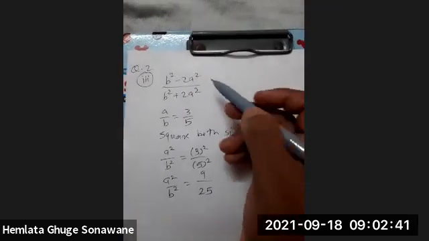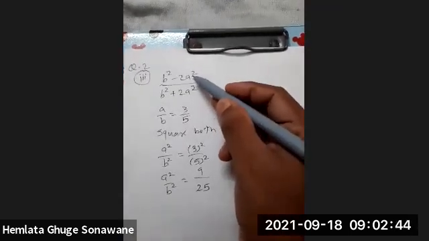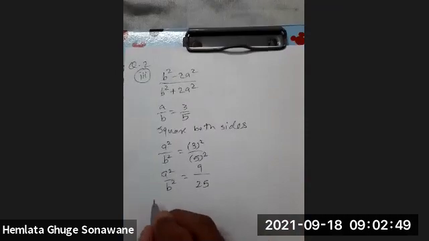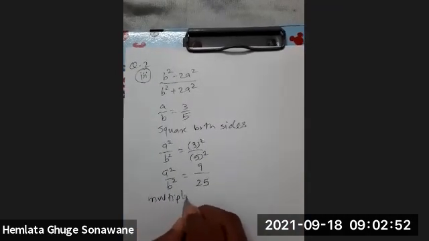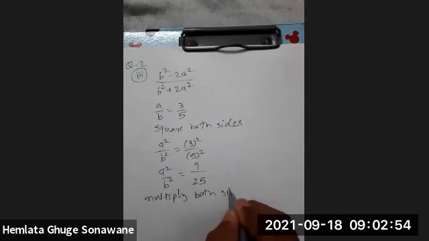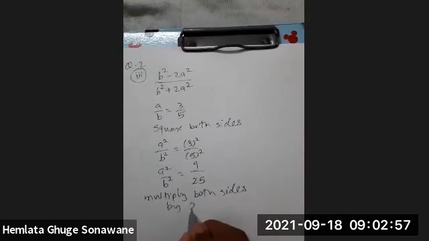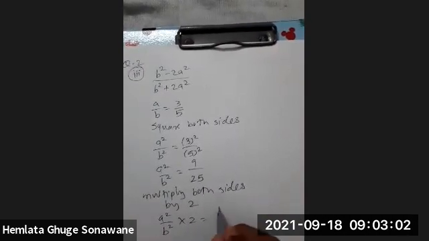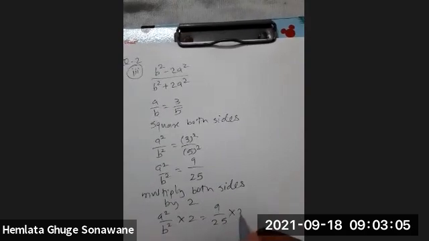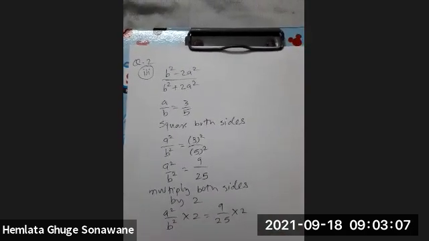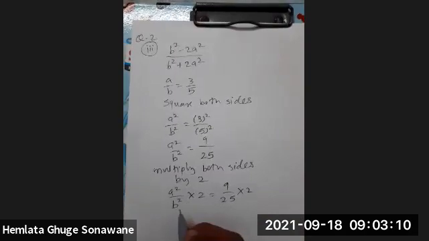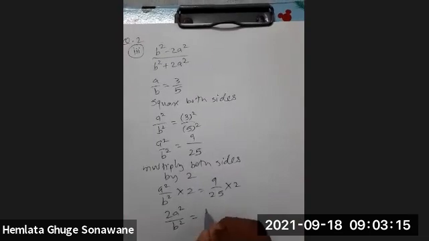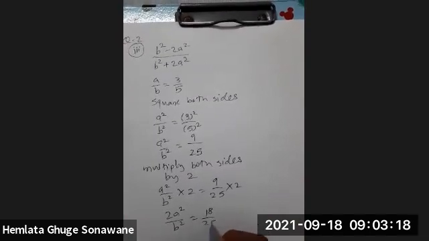Now here 2 is with a square, so we'll multiply both the sides by 2. So a square upon b square into 2 and 9 upon 25 into 2. So it becomes 2a square upon b square is equal to 18 upon 25.